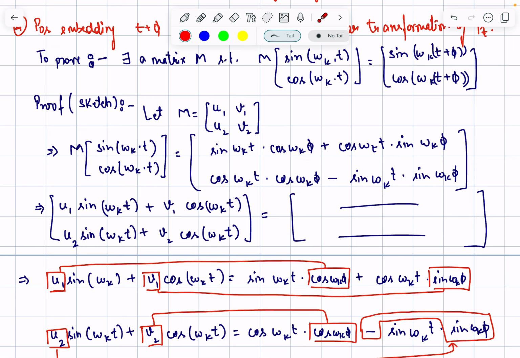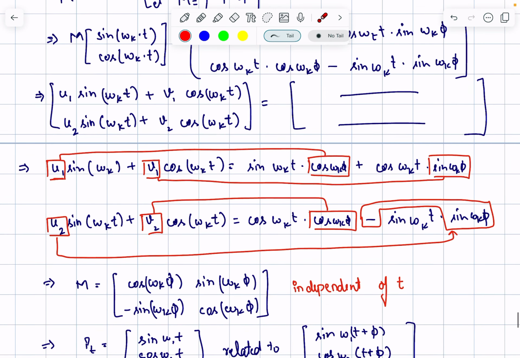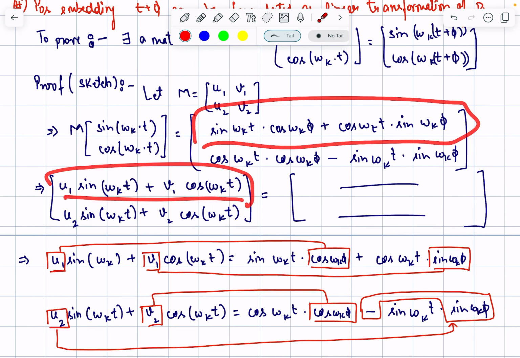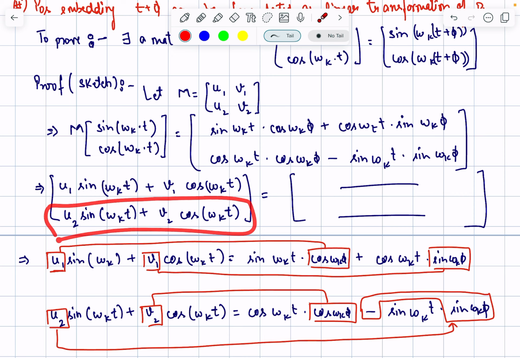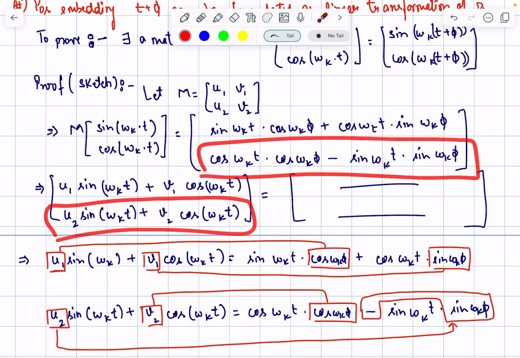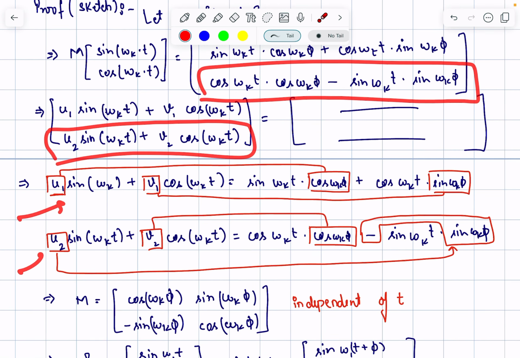So now if we push u1 v1 here also, we put the value of M in this equation, we get u1 sin omega kt and v1 cos omega t equal to this particular block here. Now simply, if we have something like this, this creates two equations, that this particular value is equal to this particular value, right? Similarly, this particular value is also equal to this particular value. So that's what I have written here in these two equations.